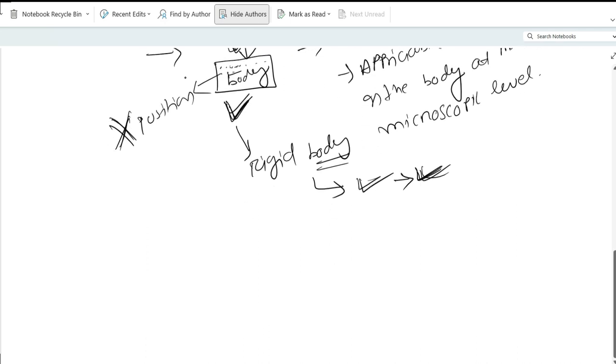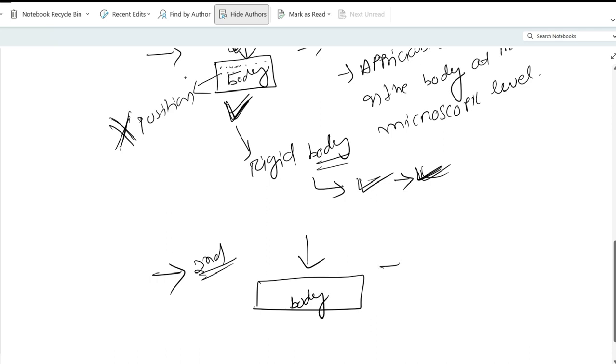Then the second type of behavior, we observe that upon application of forces on the body, the body changes its shape.